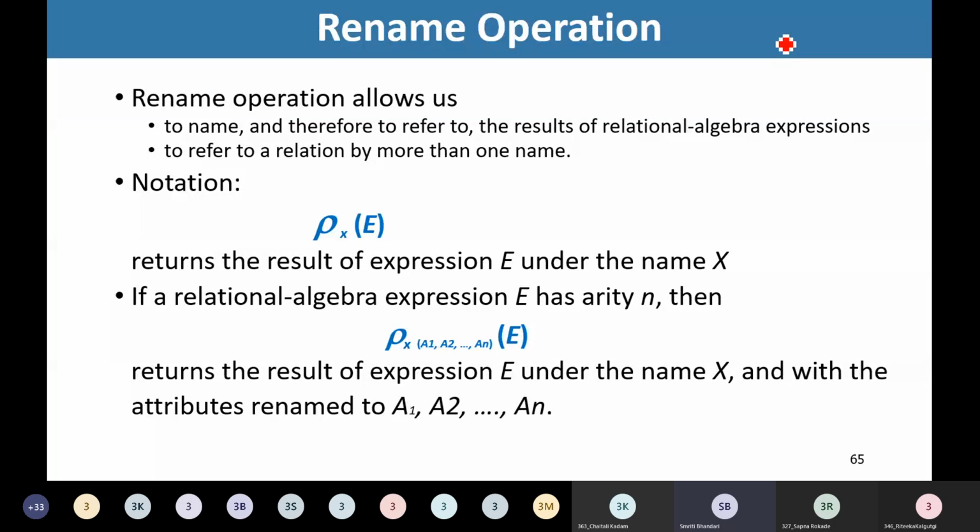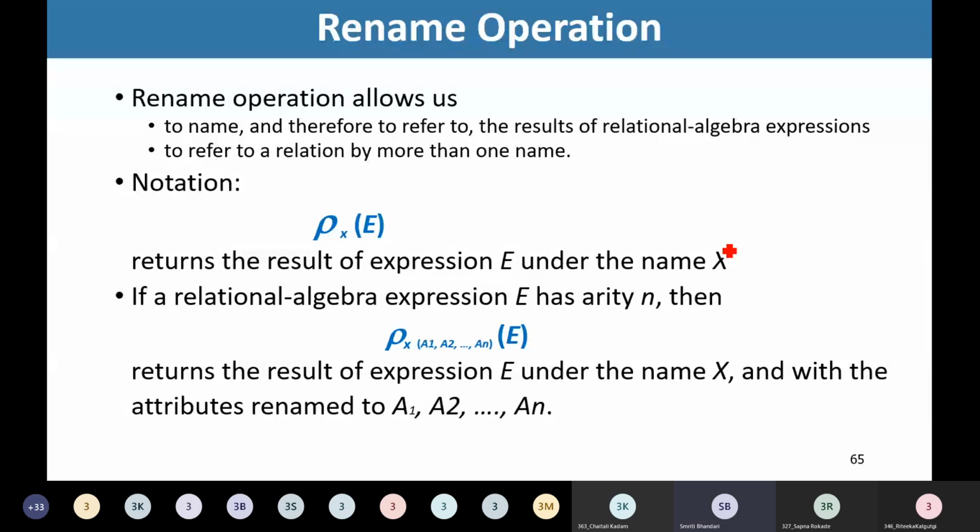Whichever temporary relations we are creating, sometimes we may need to rename these intermediate relations so as to refer to them with some name. And this can be done with the operation known as the rename operation.